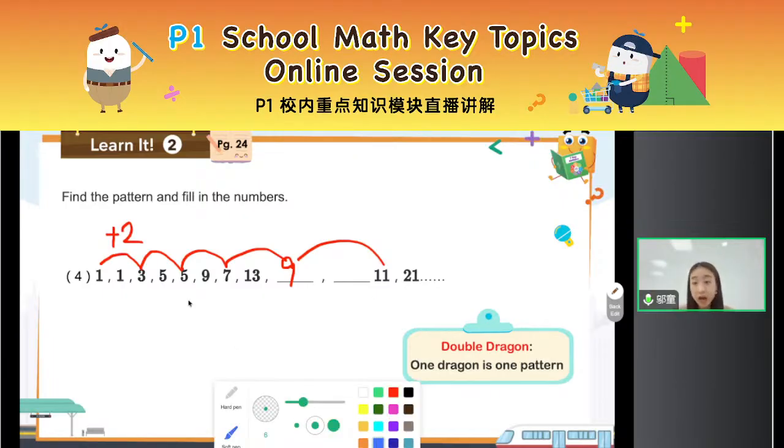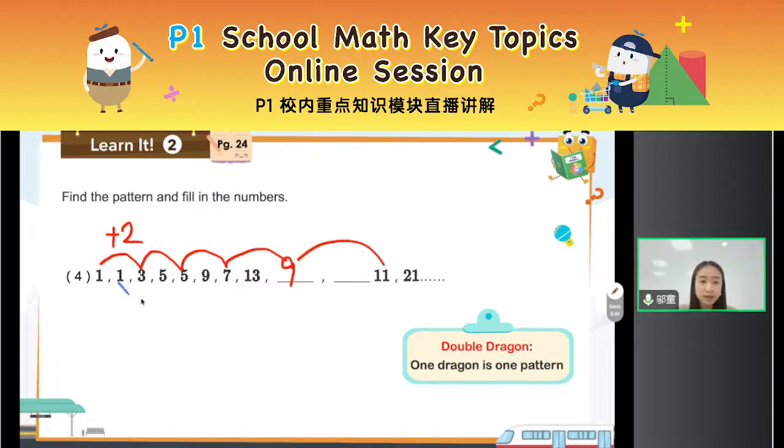If we see the opposite dragon, 1 to 5, 5 to 9, 9 to 13, 13 to how many until 21? What is the opposite difference here? We plus 4 and 4 and 4 and 4. Wow. Can anyone tell Teacher Ollie what is missing in the second blank?